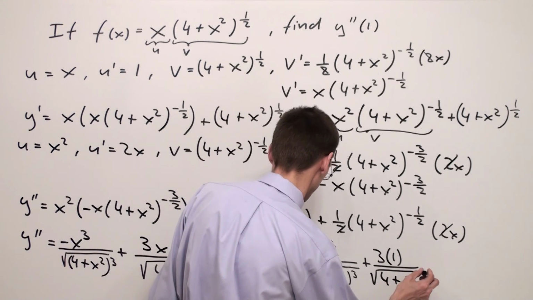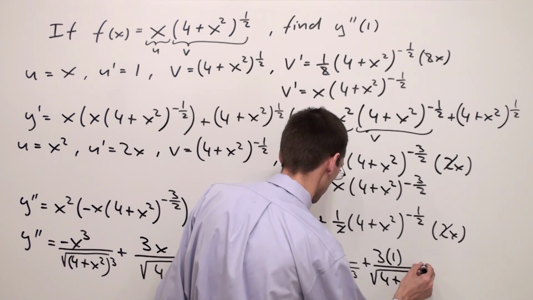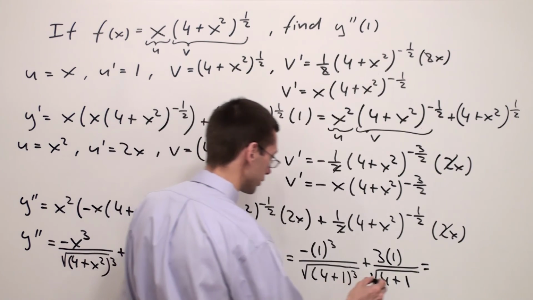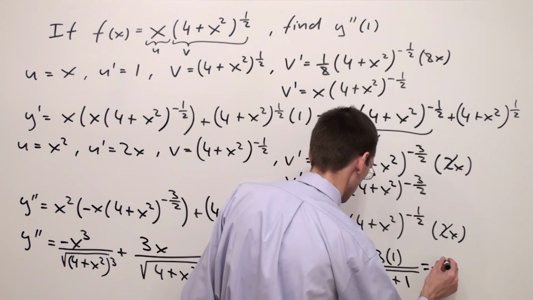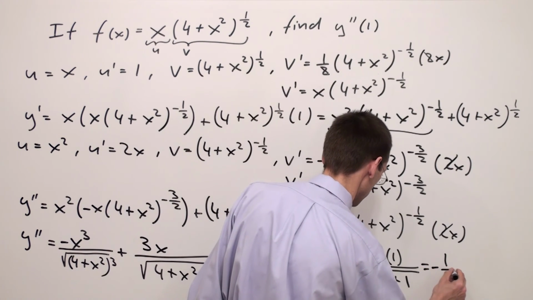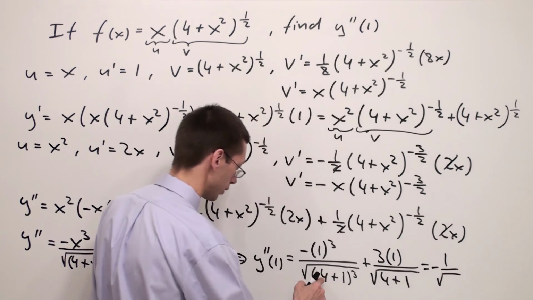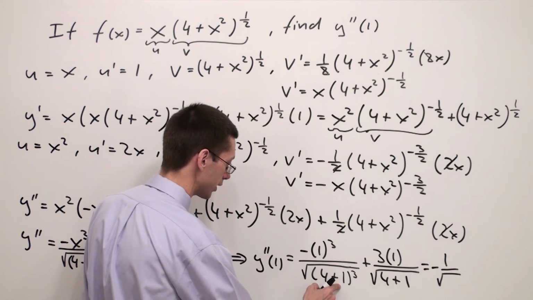Okay, so this is equal. I have negative 1 over square root of 4 plus 1, which is 5.